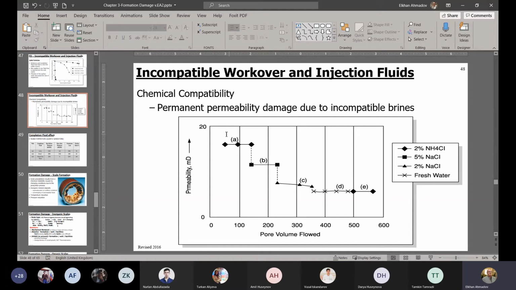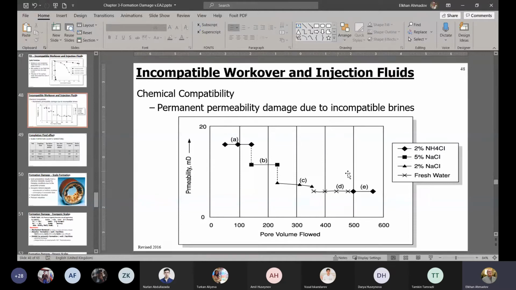So initially, at the first step, we inject the ammonium chloride, which does not affect, and at the end we inject the same fluid, which does not affect. We see that this fluid does not affect the permeability, but it does not improve the permeability either. So the reduction effect caused by these fluids stays there.